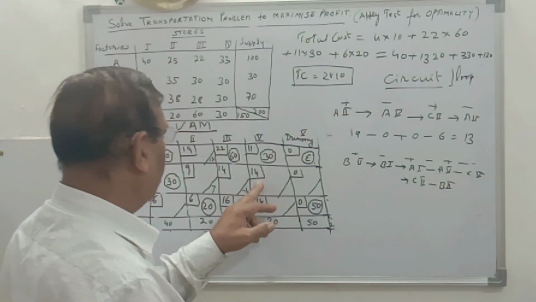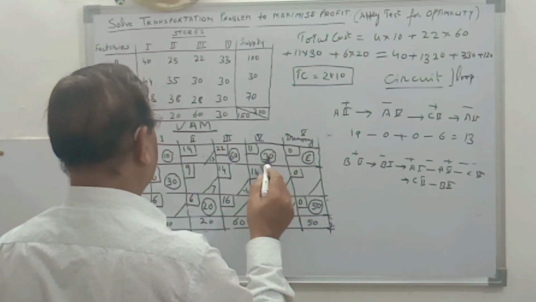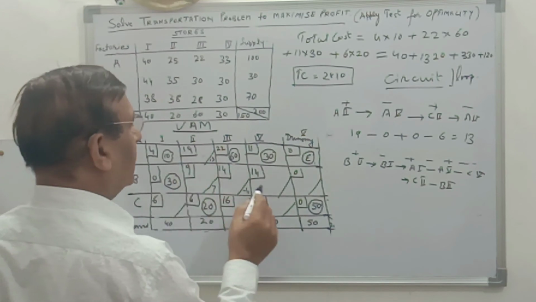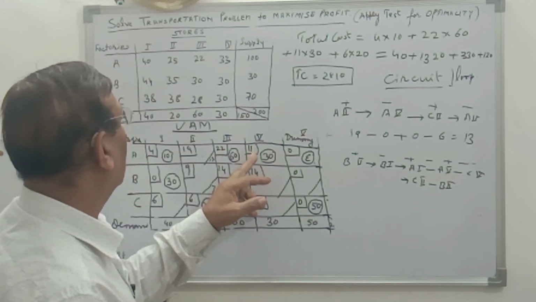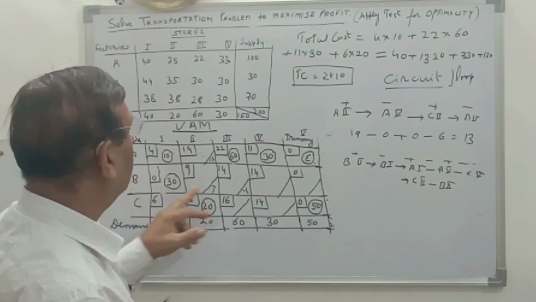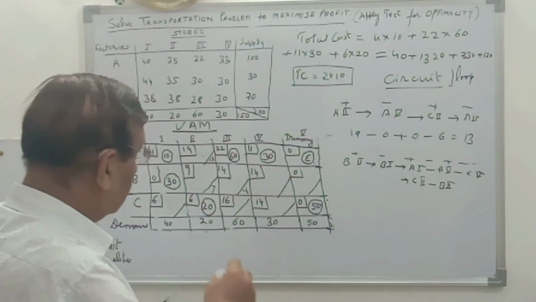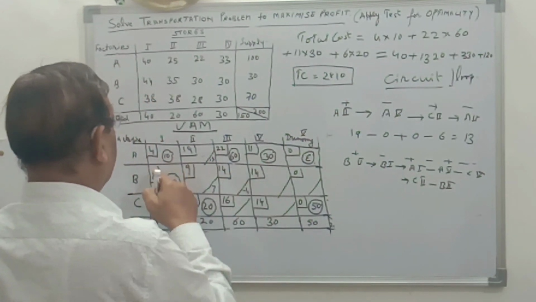Again 14, go to this, this, this, this and this. This you have to find. From 14 to 11, occupied cell. Again come to 4, 10. Again 0, 30 and you will come back. So 14 minus 11, 3 plus 4, 7.